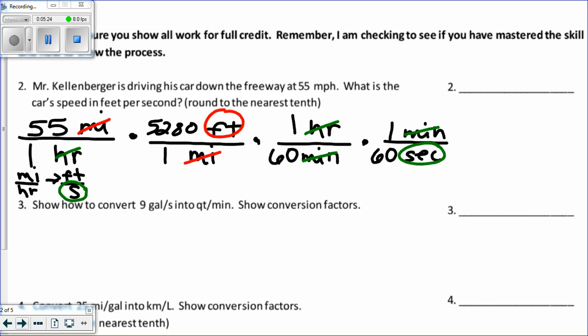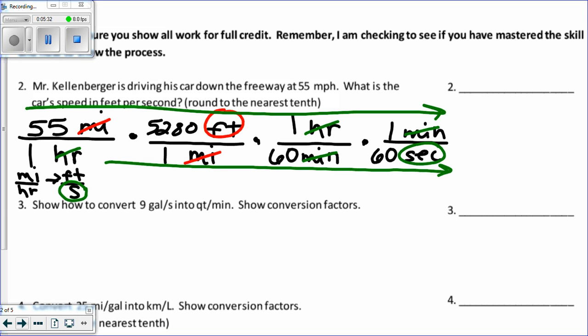So from here, you need to multiply straight across the top, and then straight across the bottom. So 55 times 5,280, you get 290,400 all over 3,600.